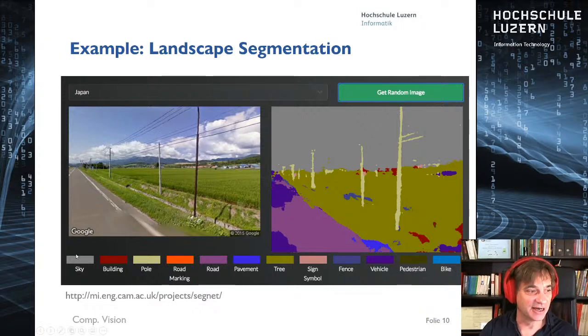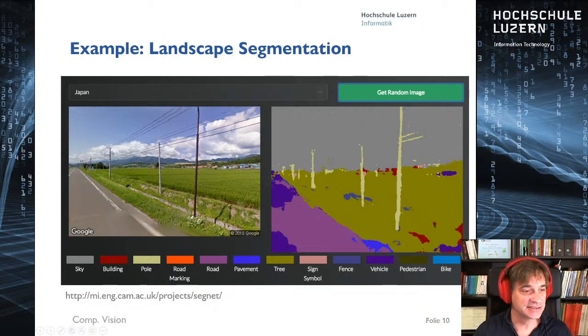For example, what is the sky, what are buildings, what are trees, what is a road. This is almost instantaneous. The segmentation is very fast, and it's not perfect, but as you can see here, it's quite good.